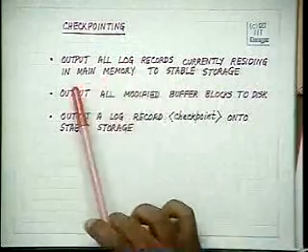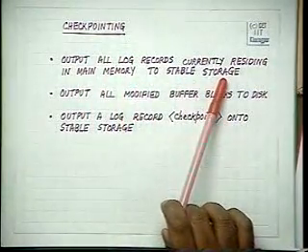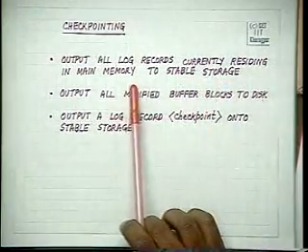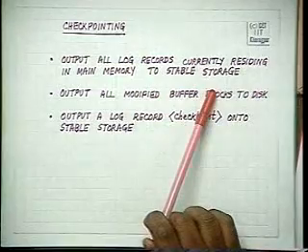So there will be a system related time at which you will start the process of checkpointing, and the process of checkpointing will do these steps. It will see all the log records in the main memory due to log record buffering and put them into stable storage immediately.